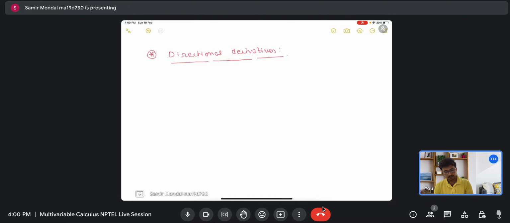One surface is given here, z equal to f of x y.